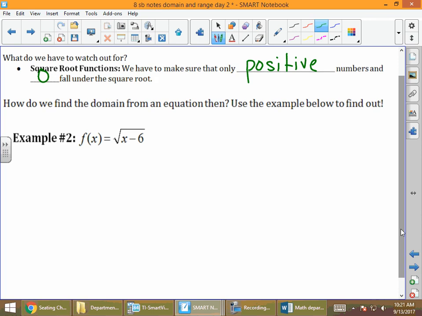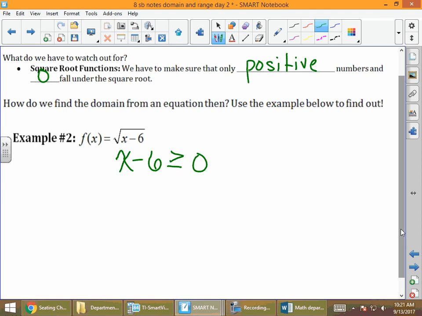Well, when we're dealing with positive or 0, we're going to take the value that's underneath the radical. Sometimes I call it the radicand, just so you know. And positive means greater than or equal to 0. The greater than is the positive, the equal to is the 0. We set it greater than or equal to 0.